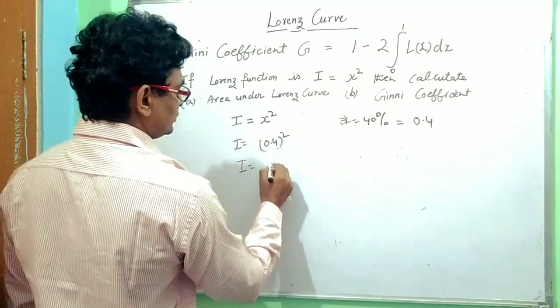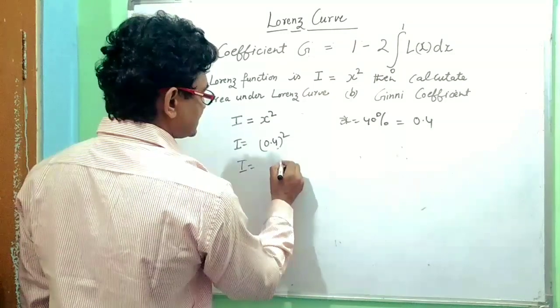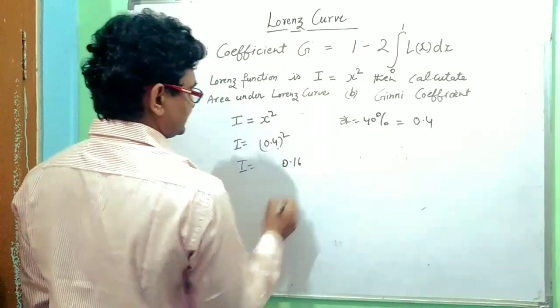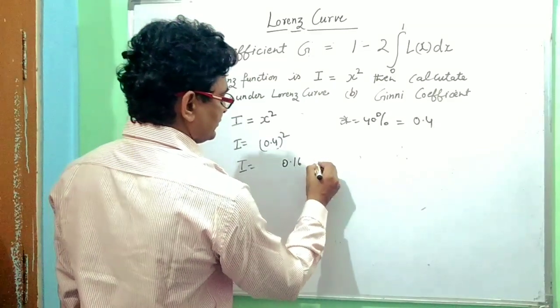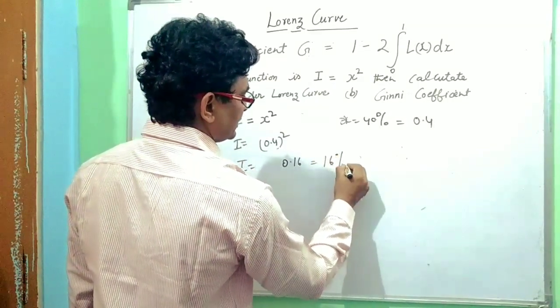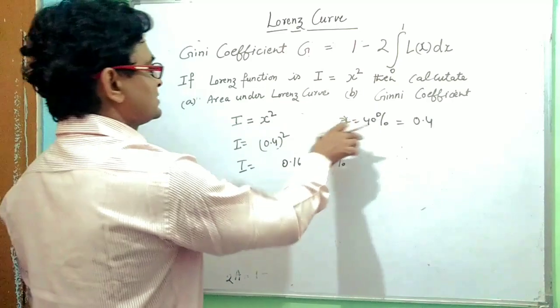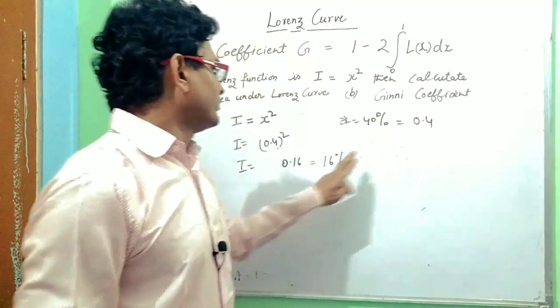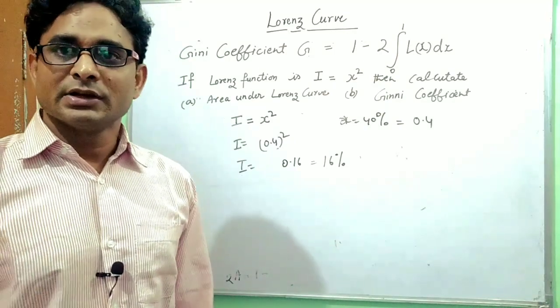I is equal to 0.4 square means 0.16, which means 16%. According to this Lorenz function, we have got to know that 40% population will have 16% share in the national income.